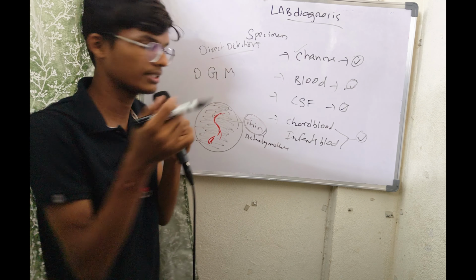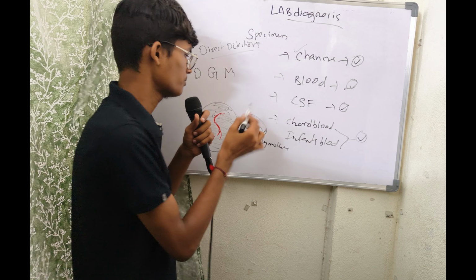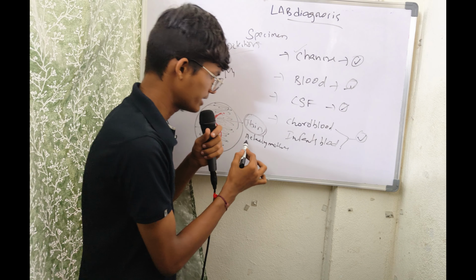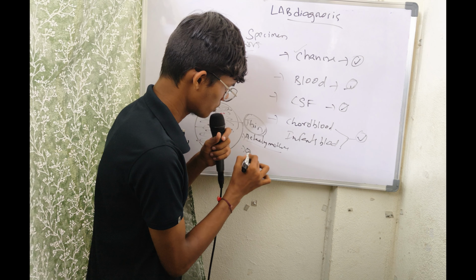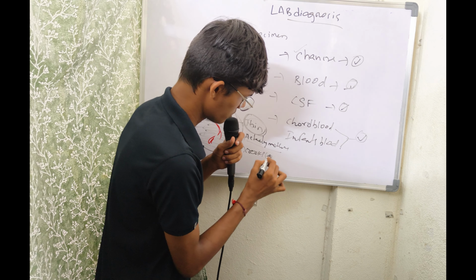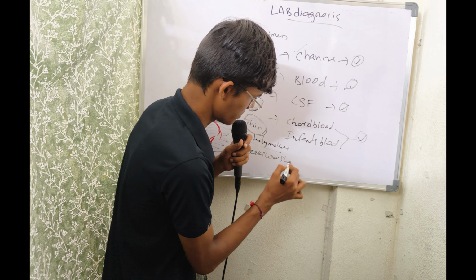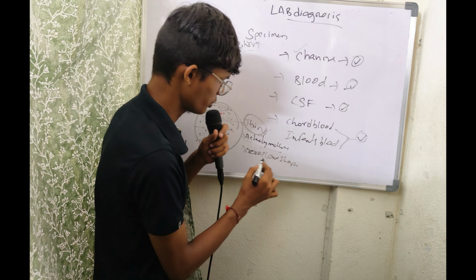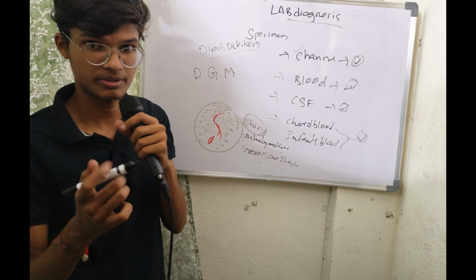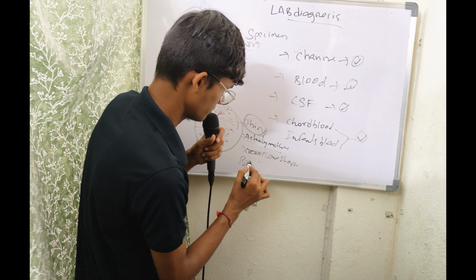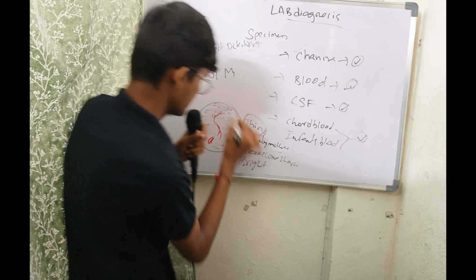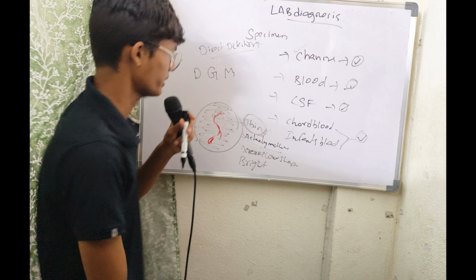So it can't take the stain properly, so it is avoided. It is actively motile, and it is corkscrew shaped. It appears bright against dark background. Okay, this is dark ground microscopy and its features.